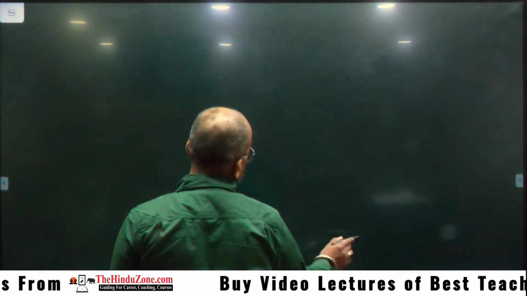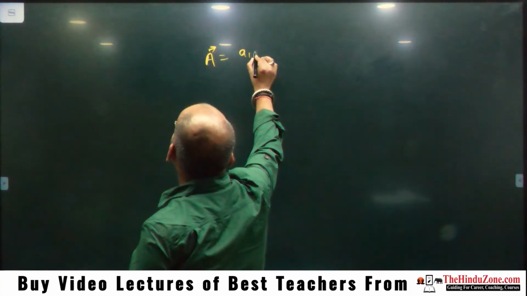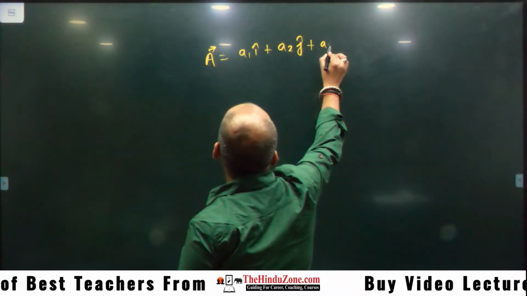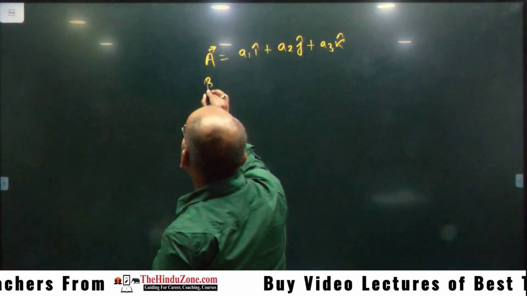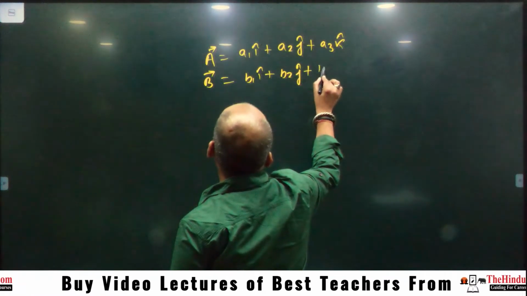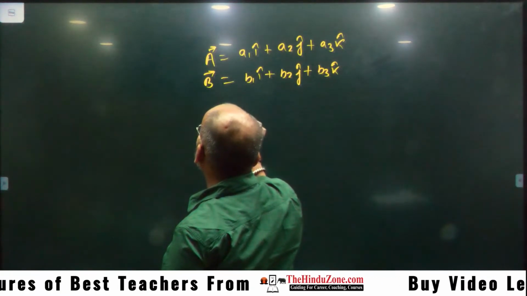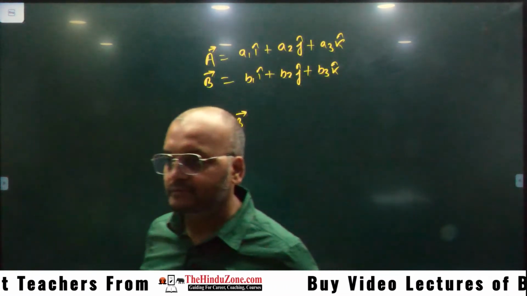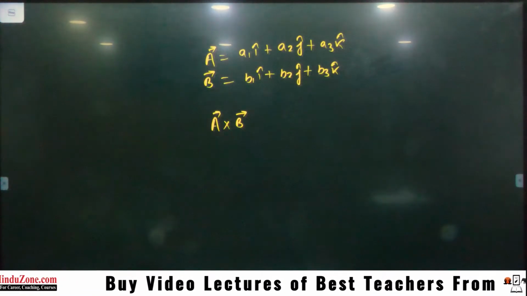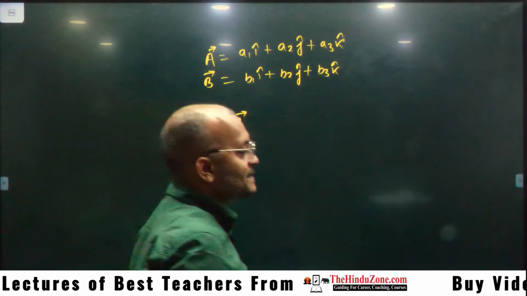Now suppose I have two vectors. Vector A is A1 I cap plus A2 J cap plus A3 K cap, and vector B is B1 I cap plus B2 J cap plus B3 K cap, and I ask you to find A cross B. Yeah, find out. That is the determinant method.